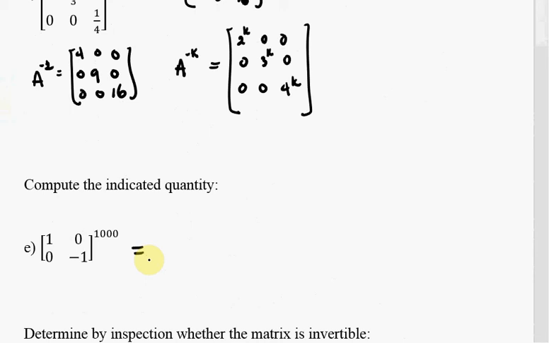You said 1, 0, 0, 1? What's your rationale for that? That's right. You got it. All right. Everybody happy with that? Patricia? You good? All right.